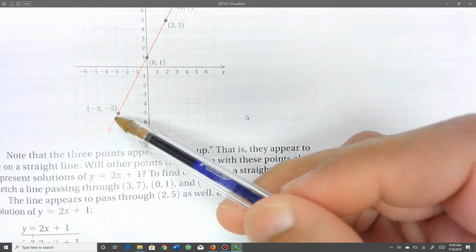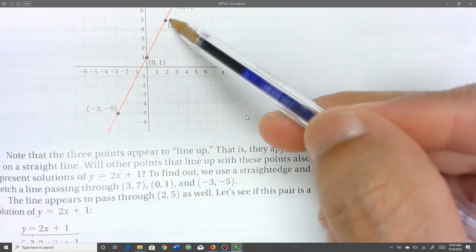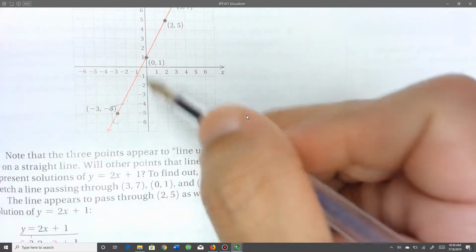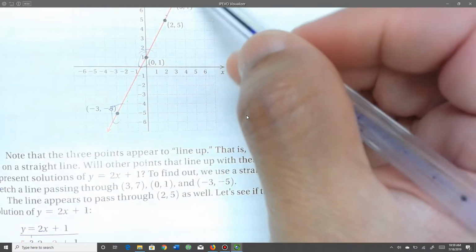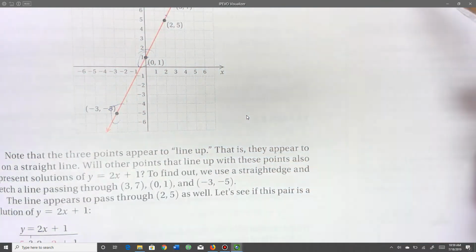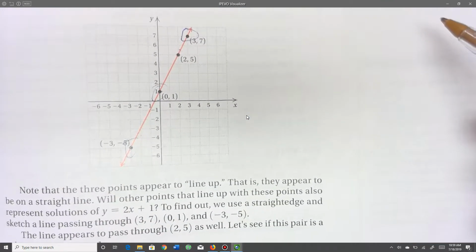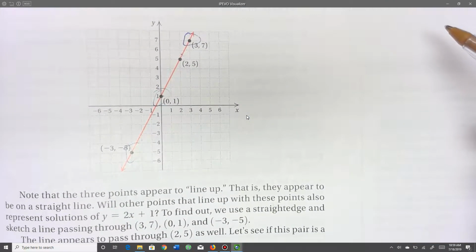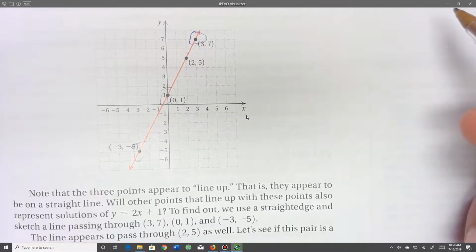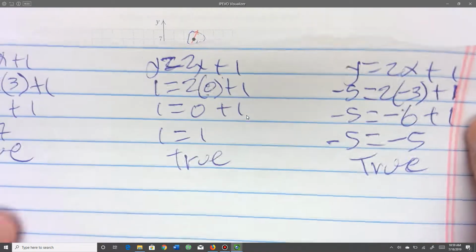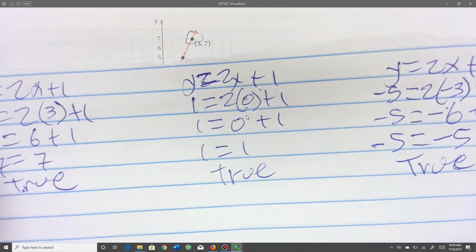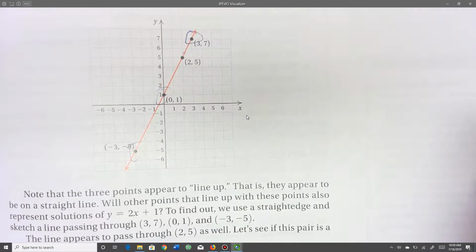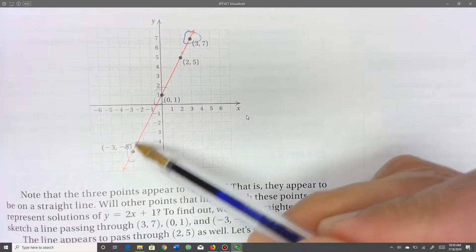So that's that one, and that one, and this one here. Those are the three ordered pairs they gave us, and we already knew that they were solutions of that equation. So we went ahead and plotted them.